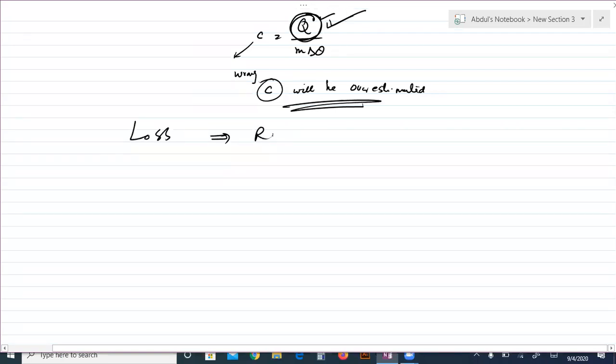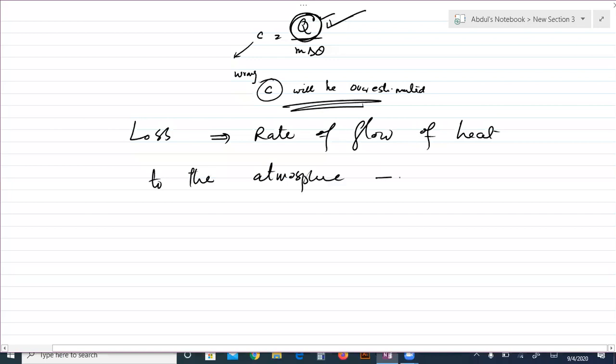Now, this loss of energy, meaning the rate of flow of heat to the atmosphere, to the surrounding, depends on the change of the temperature. There is no significant change in the atmosphere during the experiment.